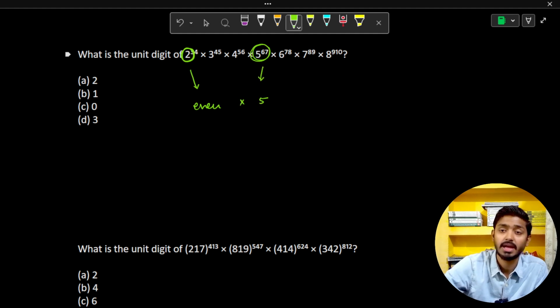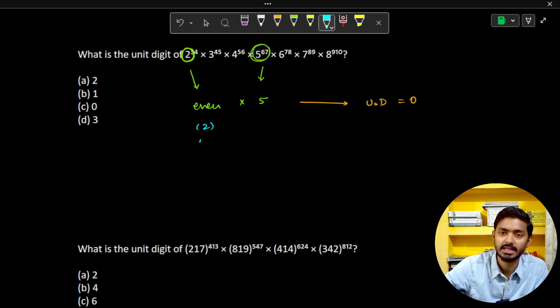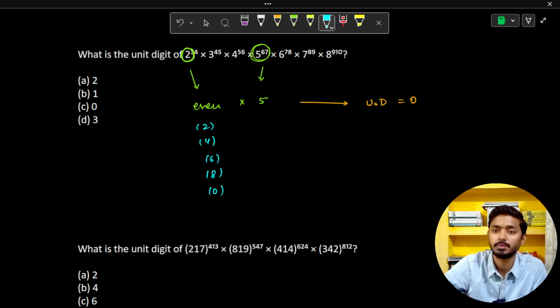And we know that when an even number is multiplied by 5, it always gives a unit digit of 0. Say even is 2, 4, 6, 8, the unit digit would be 0 when multiplied by 5, right? So our final answer would be 0.